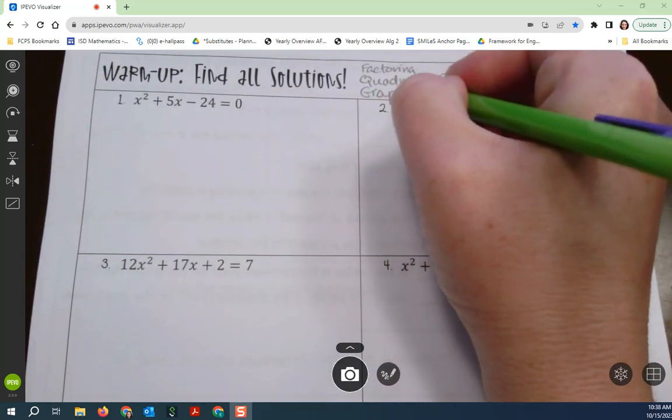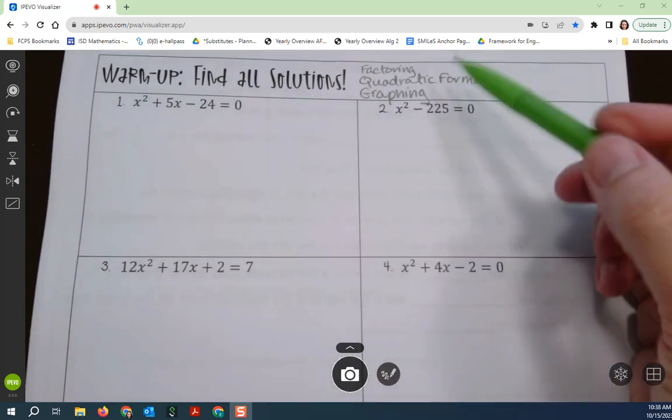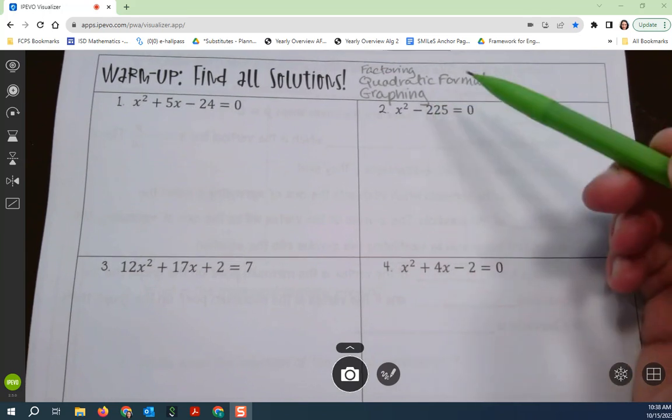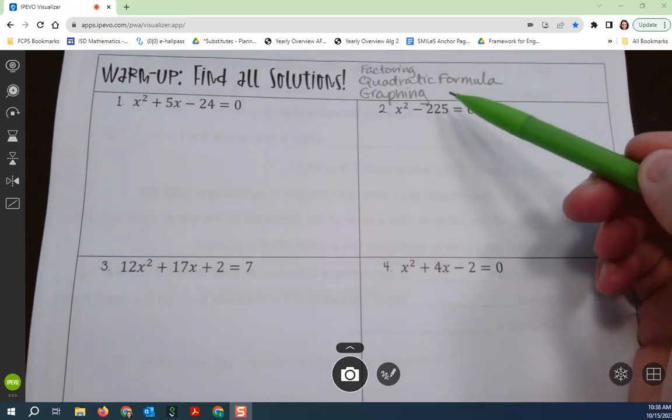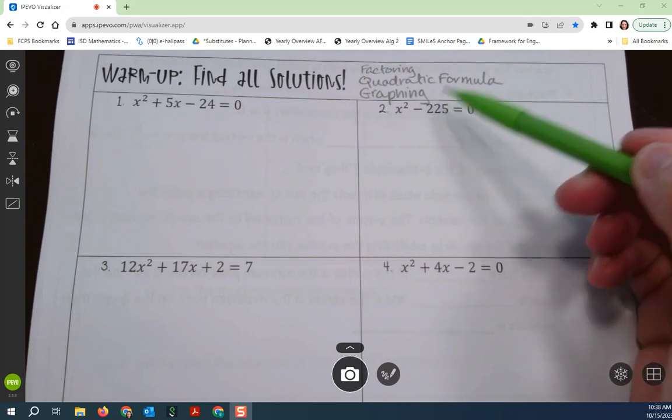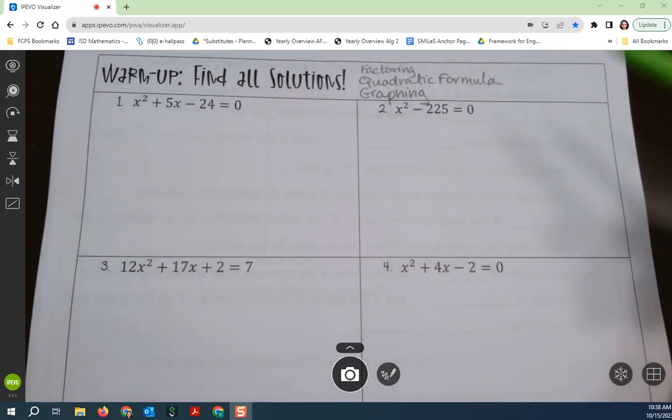Okay, so graphing is not a good choice when your answers are irrational because it will just give you a decimal approximation and not an exact answer. But in other cases, you might find graphing to be a good method, and you can find those zeros on your calculator. For today, we're going to start by trying to factor.